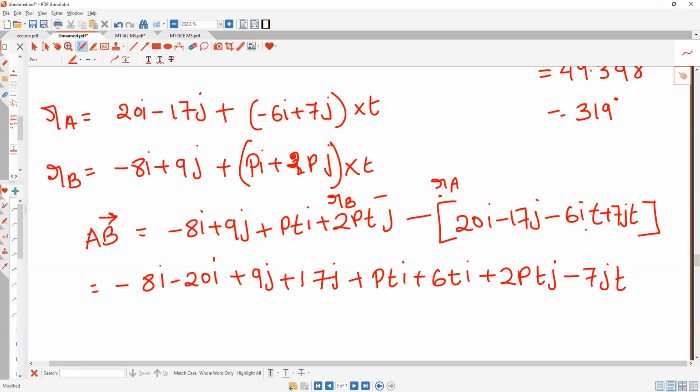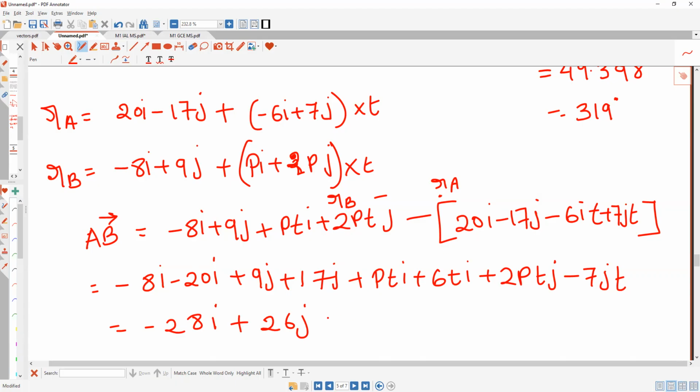Clear till here, everyone? Now, this is going to be minus 28i plus 26j, because 9 plus 17 is 26, right? Guys?